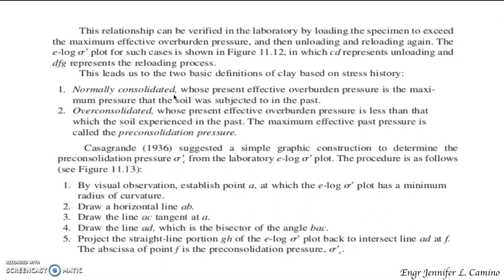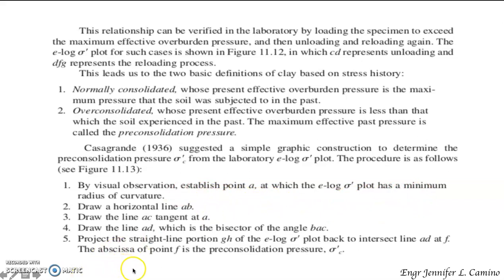Casagrande suggested a simple graphic construction to determine the pre-consolidation pressure, sigma sub C prime, from a laboratory e-log sigma prime plot. So we have here the procedure. By visual observation, establish point A, at which the plot has a minimum radius of curvature.